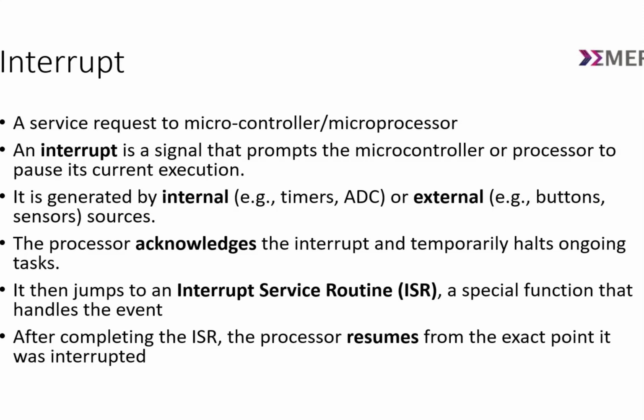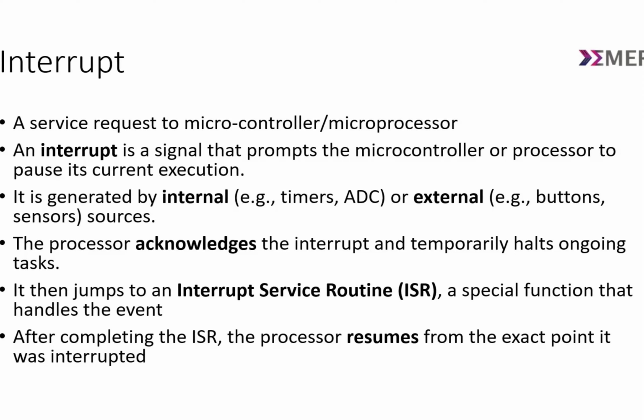The processor acknowledges the interrupt and temporarily halts ongoing tasks. It then jumps to an interrupt service routine, a special function that handles the event. After completing the ISR, the processor resumes from the exact point it was interrupted. So the process keeps going on.